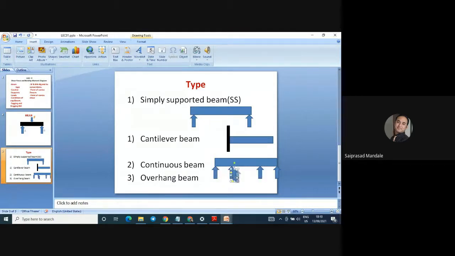So there are continuous supports. This is called a continuous beam.